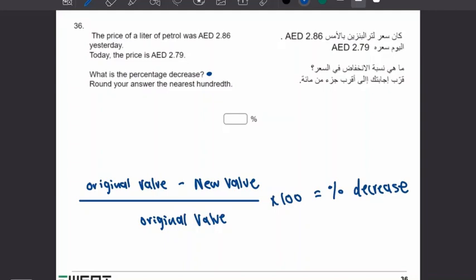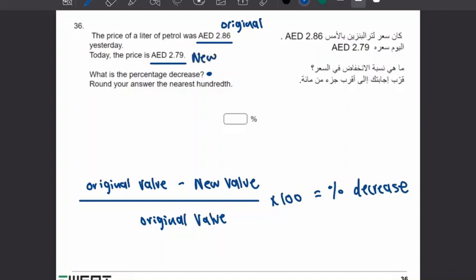So first of all, we have to find the original value, so where it started, was 2.86. So original is right here. And then the new value, so what it changed to, is 2.79. So this is the new value.